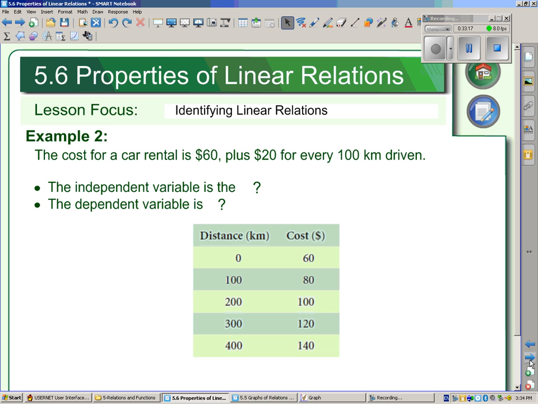Which is the independent variable? Hoping that you said that that is the distance that has been driven. My distance is the independent. The cost that I'm going to have will depend upon that. So then my cost is considered to be the dependent variable. Right? That's what we're looking for. So what's my independent? What's my dependent?